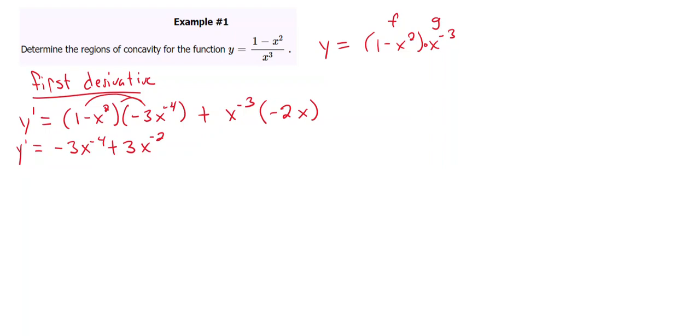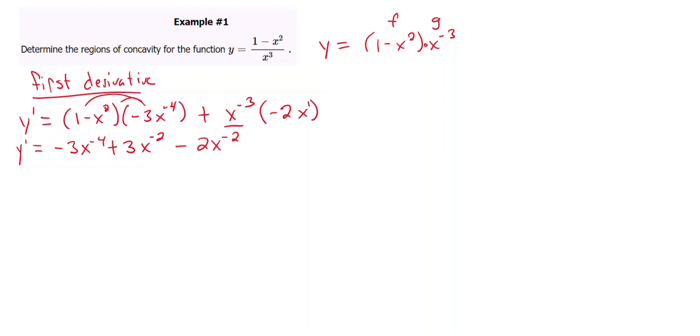And then if we combine these, we're really just going x to the negative 3 times negative 2x to the 1. So this will be minus 2, because I'm multiplying by a negative, and then with our exponents we add: negative 3 plus 1, so x to the negative 2.